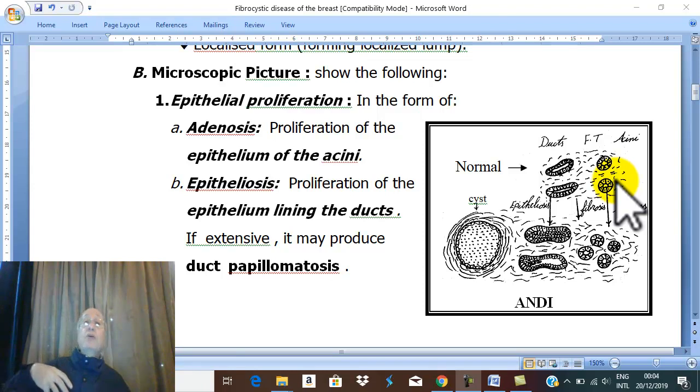There may be more hormone receptors in one breast than the other. There is also variability in the same breast. There may be more hormone receptors in one quadrant of the breast, or in a localized area of the breast.